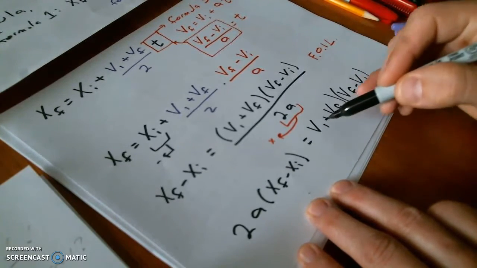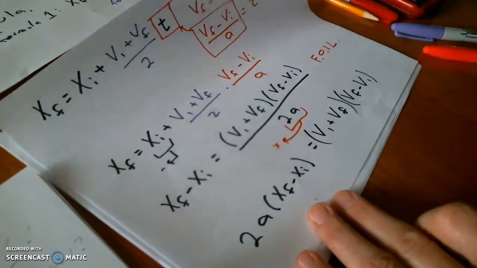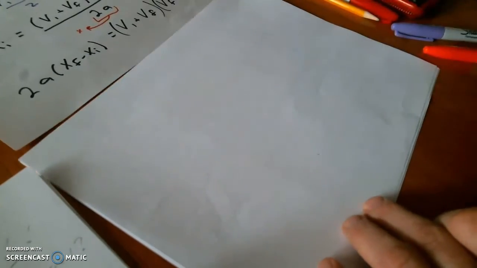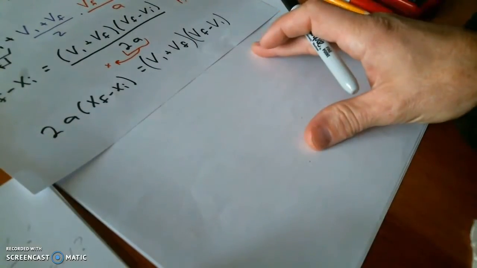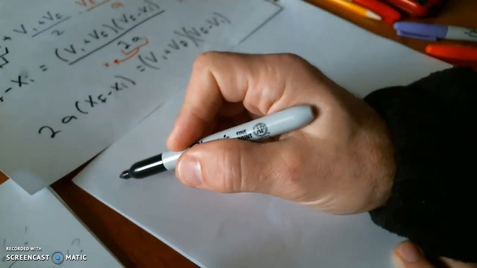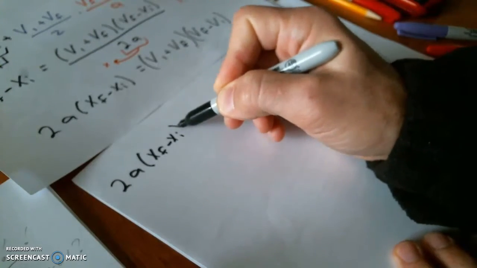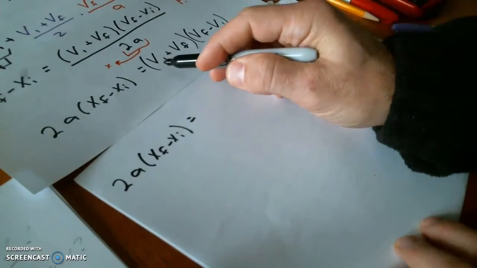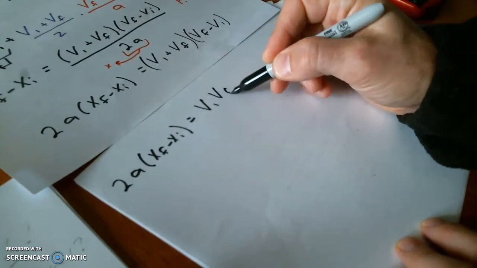And since those are in parentheses, I'm going to go ahead and FOIL that on this particular page. And so the left side won't change. The left side stays 2A XF minus XI equals, now I got a VI times a VF. So that's just VI VF.